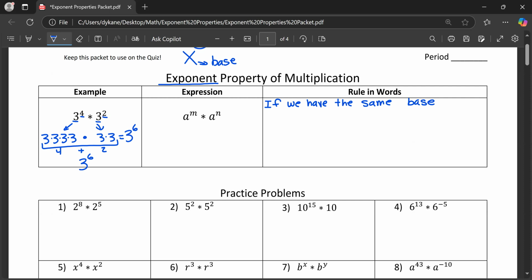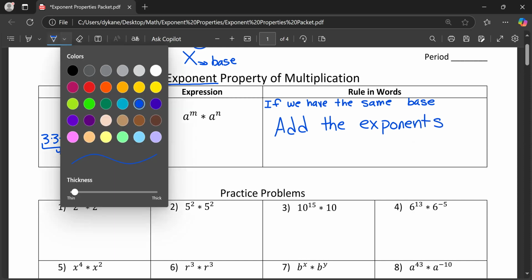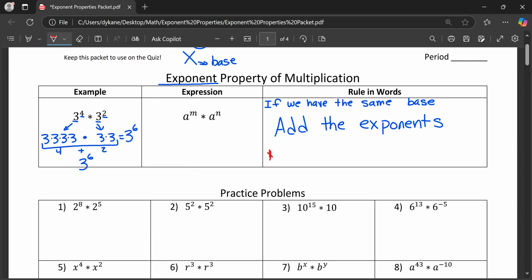If we have the same base, when we multiply them, we're really adding the exponents. And something to remember all throughout this that you'll see over and over again is the base stays the same. So our base is never going to change. All we're doing is simplifying the exponent part of it.